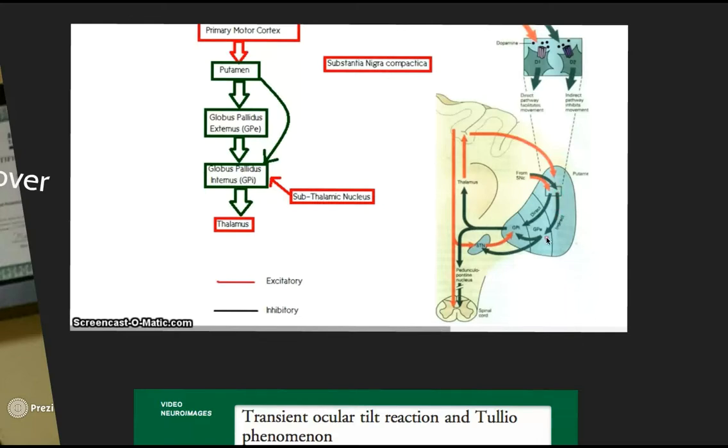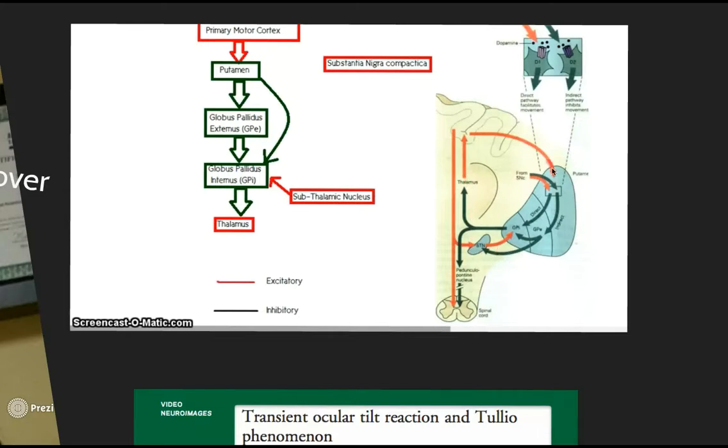which actively inhibits the globus pallidus pars externus. The globus pallidus pars externus is usually sending some inhibitory stimuli to the globus pallidus internus, but it's also strongly inhibiting the subthalamic nucleus. And this subthalamic nucleus likes to activate the internus, the globus pallidus pars internus, which is an inhibitor of the thalamus.